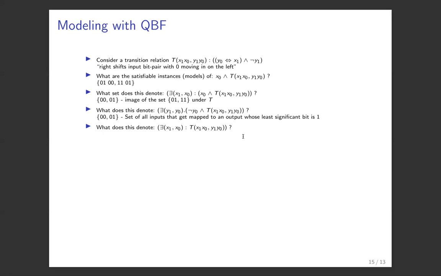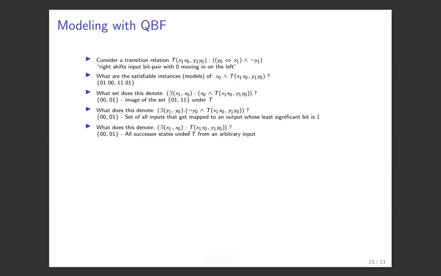Yeah, what does this denote? I'm not constraining the output at all. Okay, so it is just all successive states under T from an arbitrary input. By arbitrary input, the initial state could be anything.